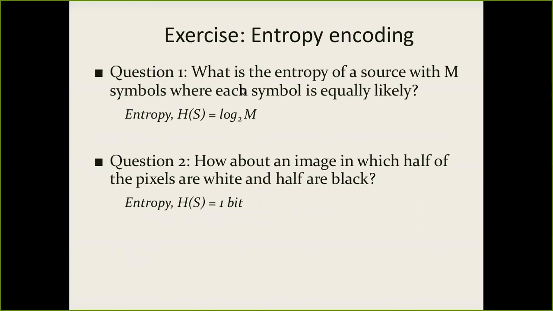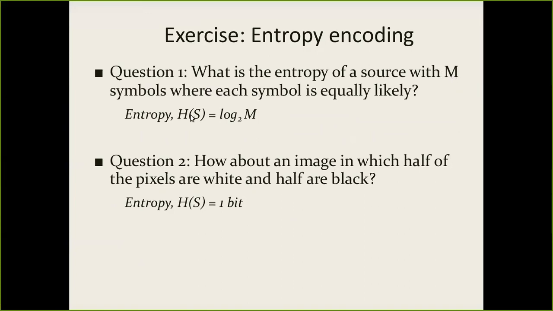Then if you calculate the entropy of a source image with m symbols, if every symbol is equally likely to happen in that given image, what is the entropy? If there are m pixels in an image, and every one of the m pixels is equally likely to happen in that given image, the probability of occurrence of every pixel is 1 over m.